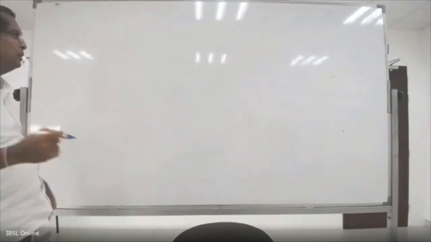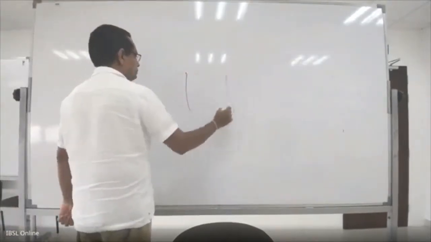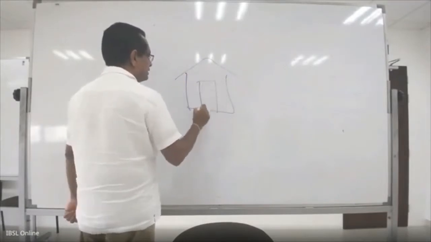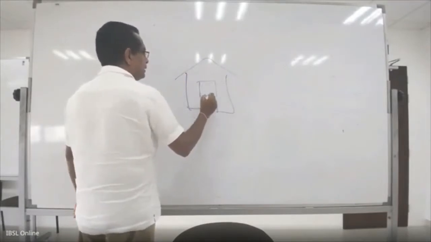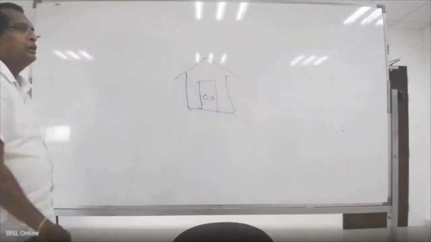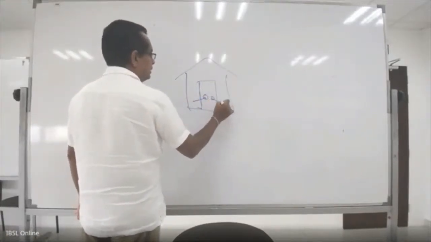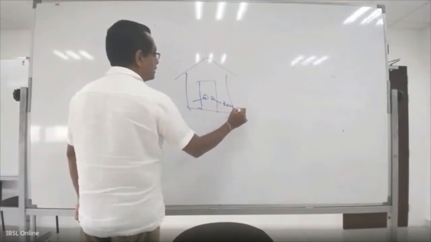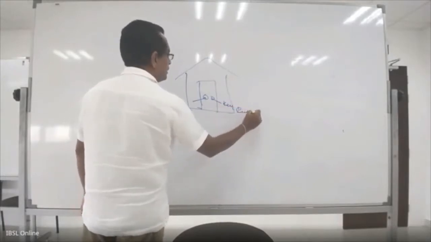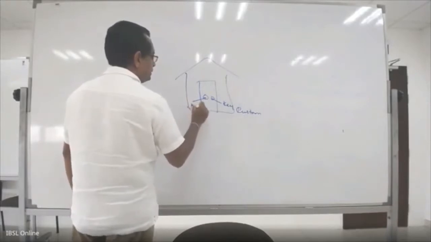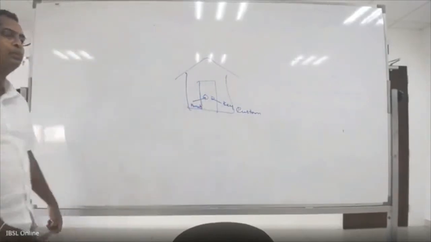You have a warehouse with 2 keys. Key 1, customer. Key 2, bank. It is dual control.